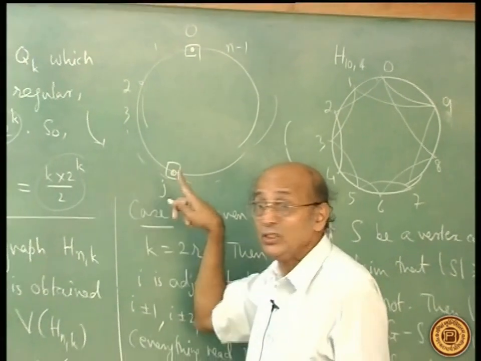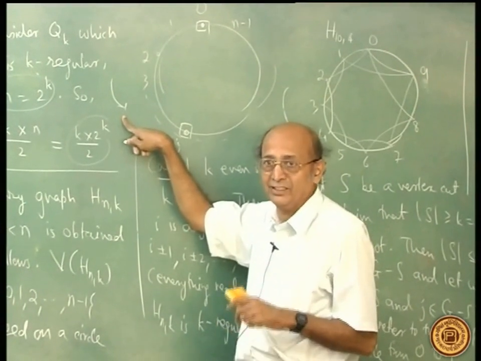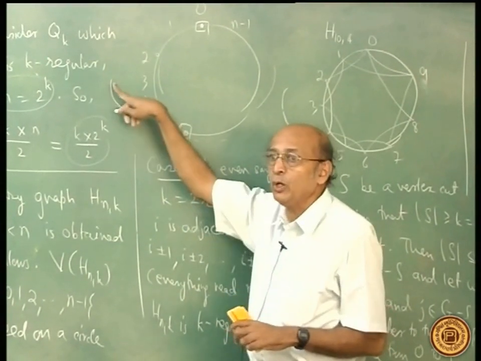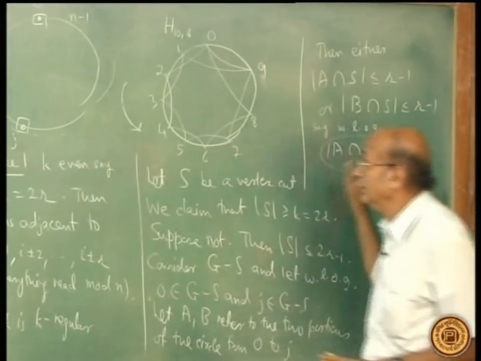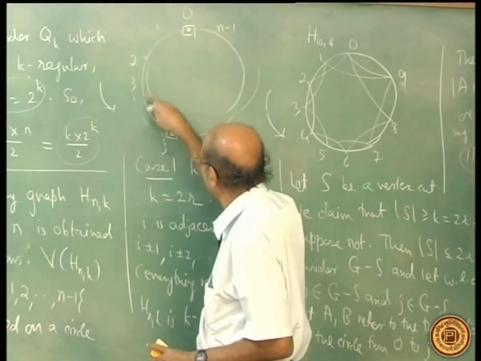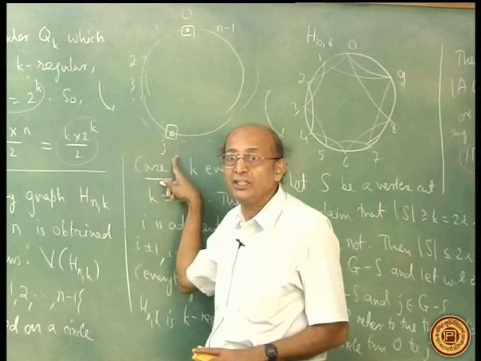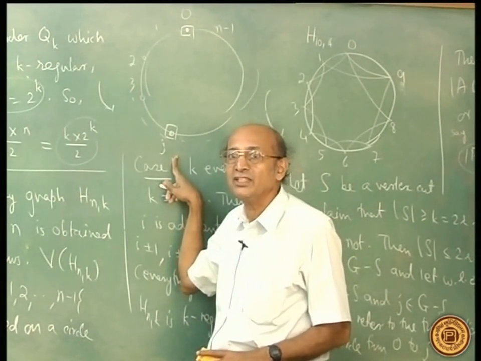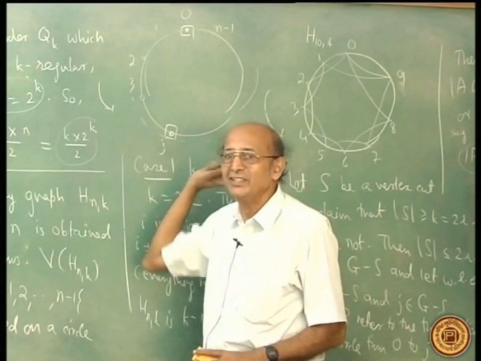So not all of them could have been removed. At least one neighbor will survive, because the total you have removed is only r minus 1. Therefore, suppose this vertex survives, then one of its neighbors also survives, then one of that fellow's neighbors also survives, and therefore you can obviously go up to J. That's clear. Okay? So that is the proof that this remains connected.